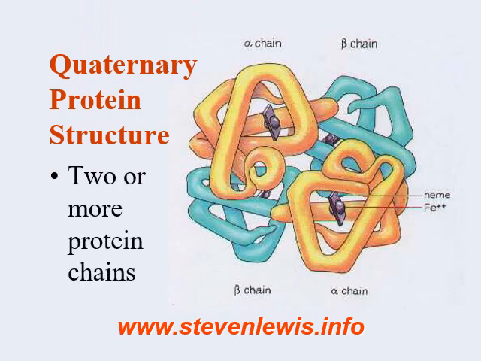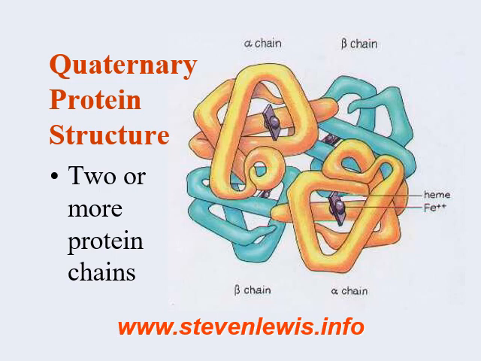Some proteins have a fourth level of structure. Probably the most famous example of quaternary structure is that of hemoglobin. Hemoglobin contains more than one globular protein that have coalesced to form this higher order structure. So a protein with a quaternary structure has two or more protein chains composing it.